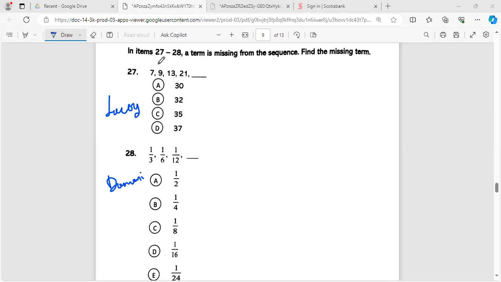Then, what is the difference between 13 and 21? That would be 8, and 4 times 2 is 8. So practically it's multiplying the difference by 2. So then this would be 8 times 2, which is 16. 21 plus 16 would be D, 37.